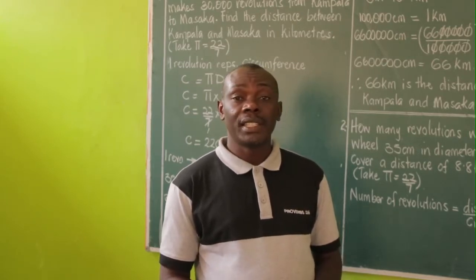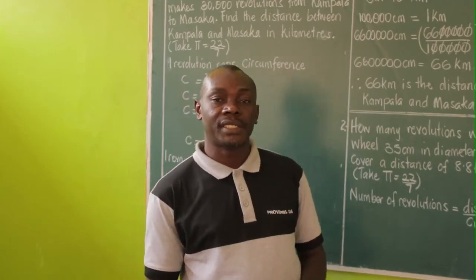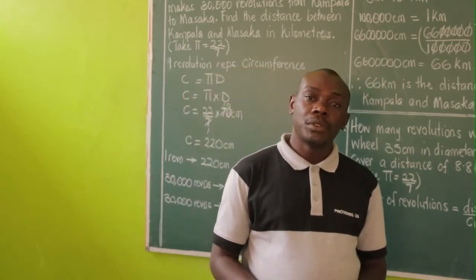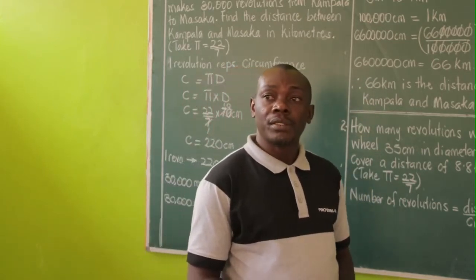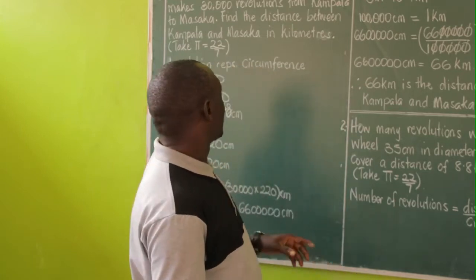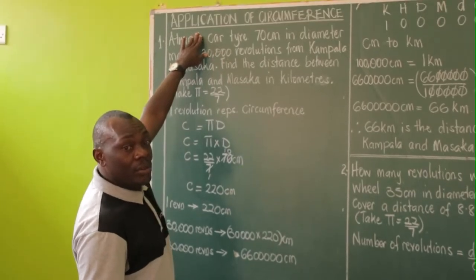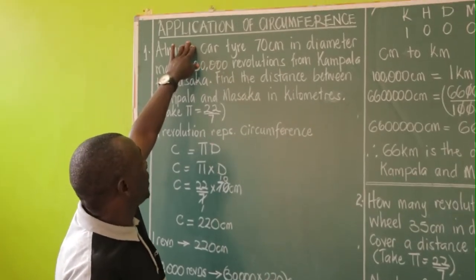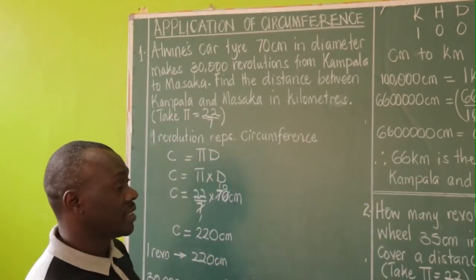On the side of the length, today we are looking at circumference, how applicable circumference is in one's life at school and thereafter. So the heading of our case study today is application of circumference.